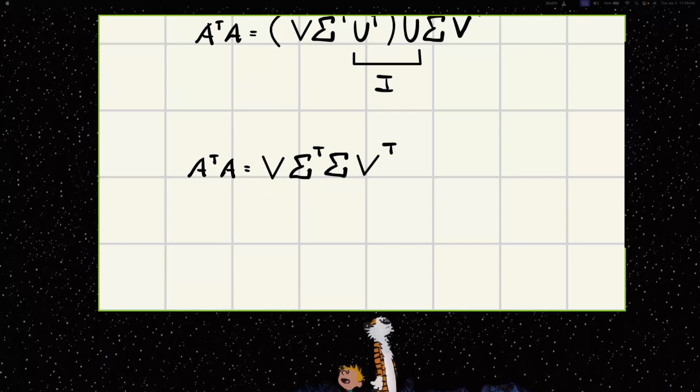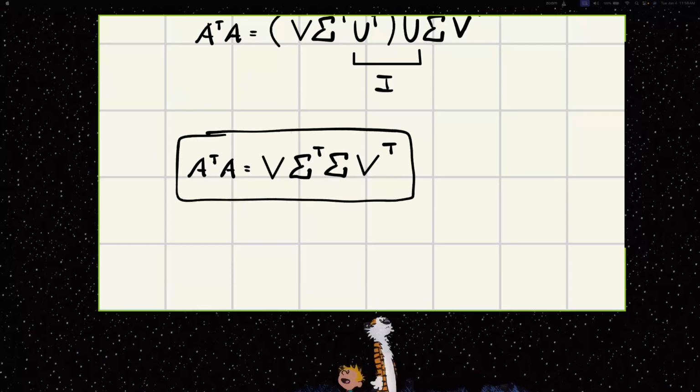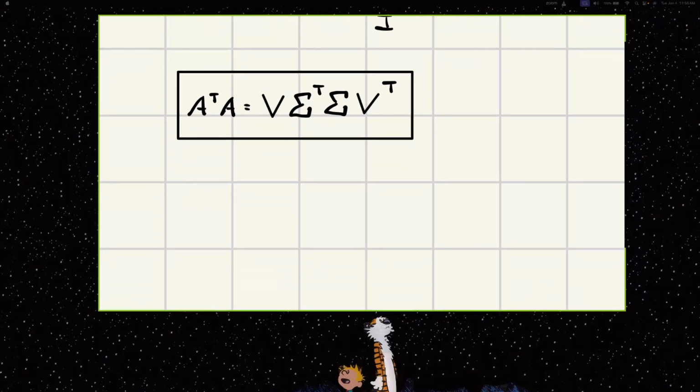And we need to be very careful about how things commute in terms of matrices. So we can't just move this over here and turn this into the identity matrix. So this is our form, our general form for A transpose A. So I'll just circle that for us. And this will be important later when we're actually going over an example that I have. But for now, we just want this.